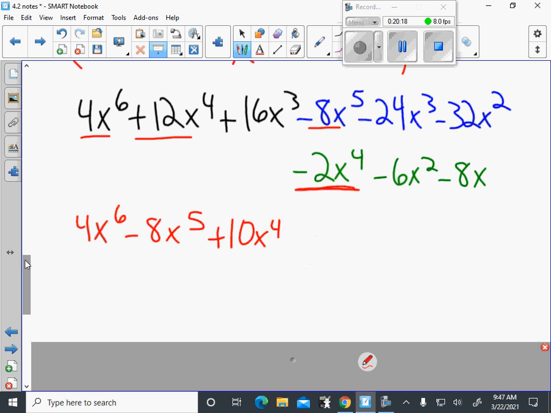And let's go to the third. 16x to the third minus 24x to the third. That'll give me a negative 8x to the third. Let's go squared. Negative 32x squared and negative 6x squared. That's negative 38x squared. And then finally all we have is this minus 8x. That's it.